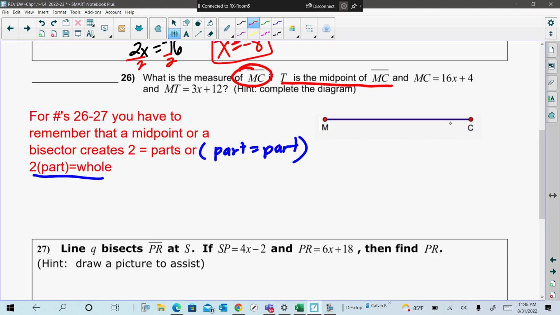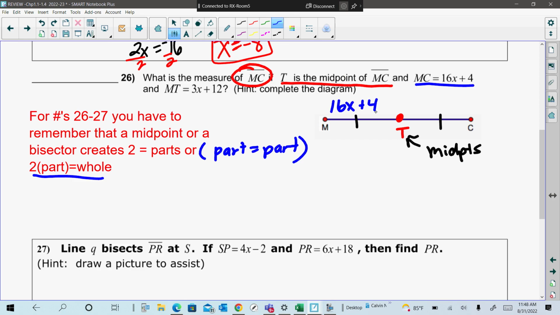So they give us the endpoints M and C. We need to add the point T on it. I know this doesn't look to scale, so I'll move this over just a little bit. We're going to need to add tick marks between M and T and C to show that this is the midpoint. You need to see those tick marks to help you recognize the midpoint. So when I label MC as 16x plus 4, I'll put 16x plus 4 there.